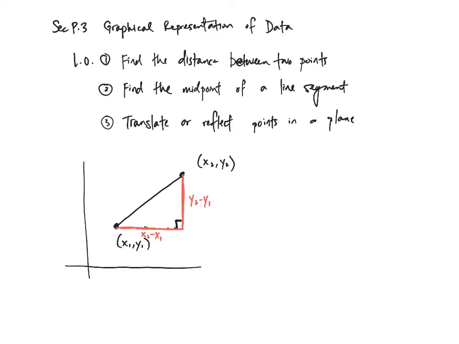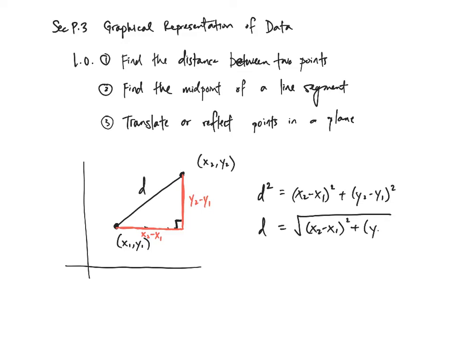Okay, so therefore, using the Pythagorean theorem, we could say that d squared is equal to (x2 minus x1) squared plus (y2 minus y1) squared, right? a squared equals b squared plus c squared. And then, therefore, d is simply the positive square root of (x2 minus x1) squared plus (y2 minus y1) squared. Okay, so that's where the distance formula comes from.